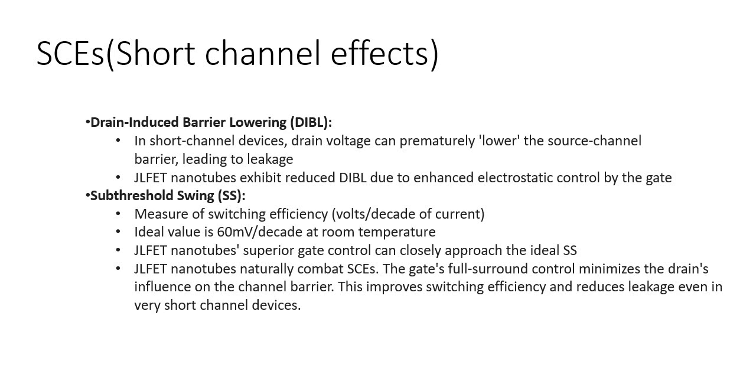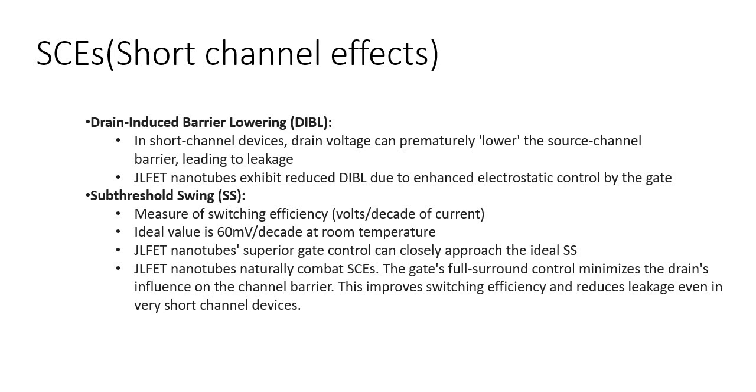These are the various effects that come when you scale down the device. By using the nanotube field effect transistor, the short channel effects of such nanowires and MOSFETs will be reduced. So you can use short channel devices with very good performance of DIBL and subthreshold swing.